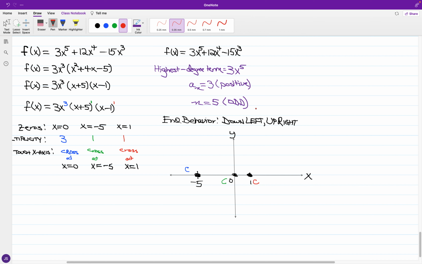Okay, and just taking what we have for the end behavior, for down to the left, I can just have the graph pointing downward from the leftmost zero. And for the extreme end, we have up to the right, and I can do this with the figure pointing upward, up and away to the right from the rightmost zero. In other words, away from x is equal to 1.